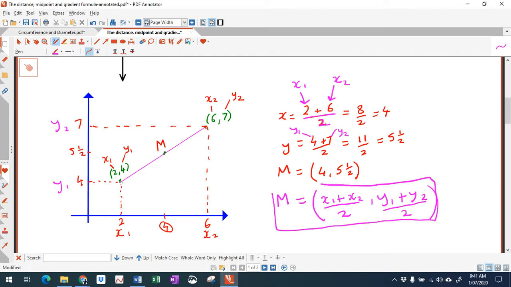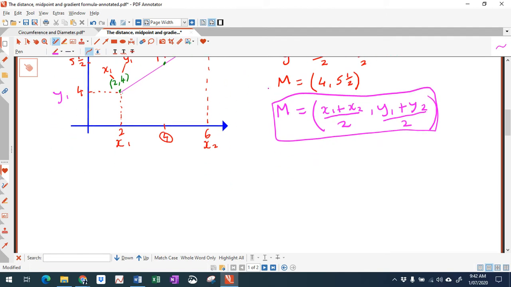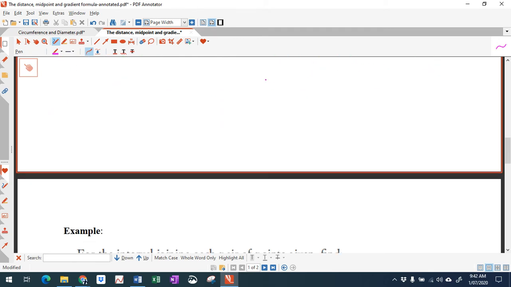Okay, there it is. The midpoint. So for this, let's do a heading of midpoint here. Okay, now go to the questions on your sheet. So I want you to copy that down onto your sheet and then go to the questions.